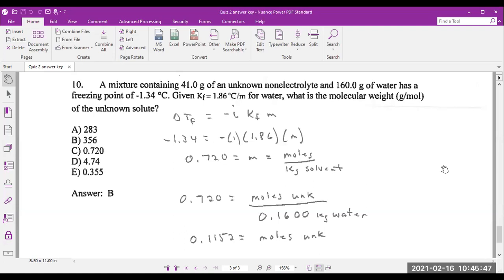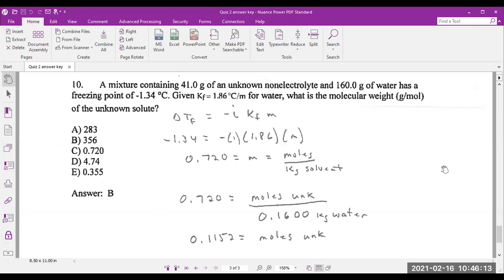We were told it was a non-electrolyte, so the compound doesn't dissociate, and our i value is just one. Each molecule is one particle, because nothing dissociates. And our Kf value we were given is 1.86.